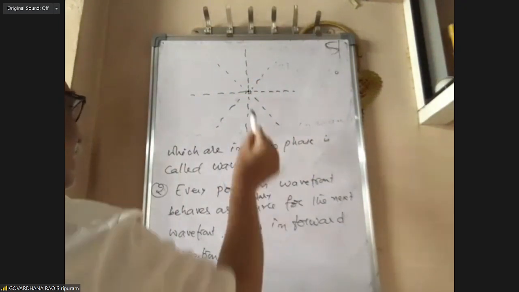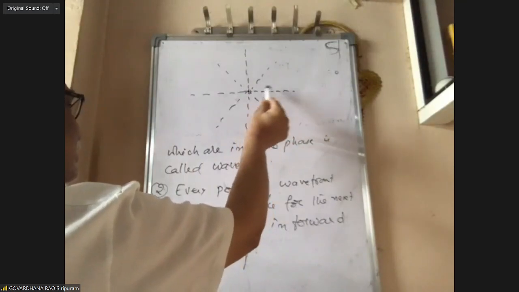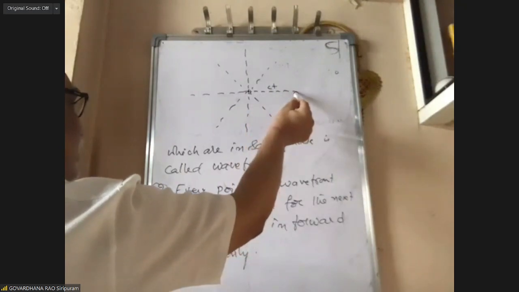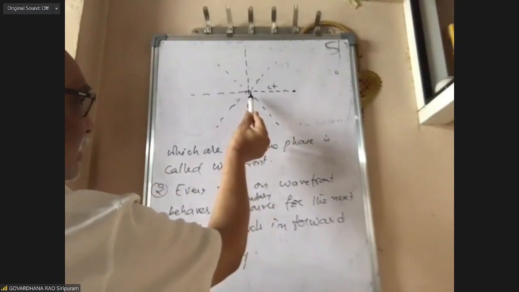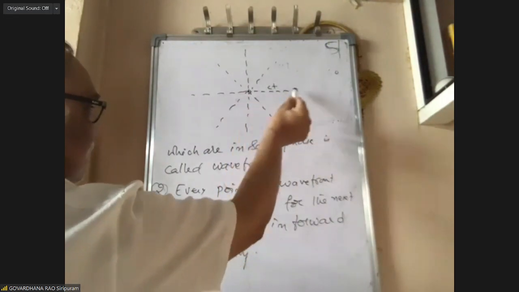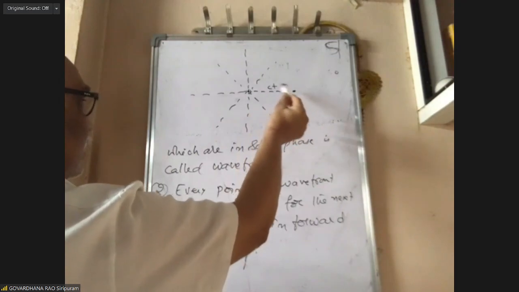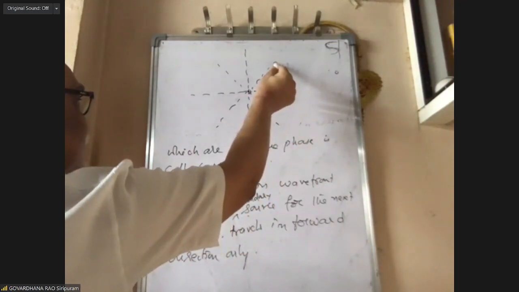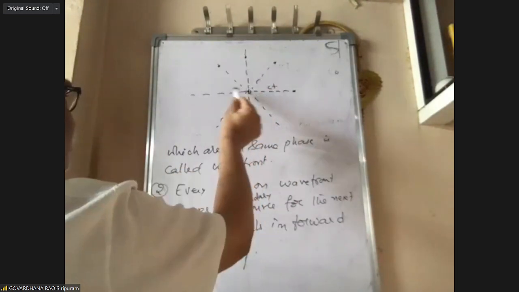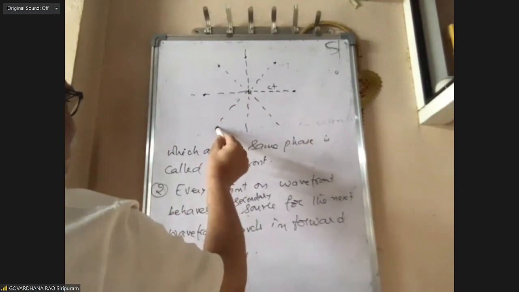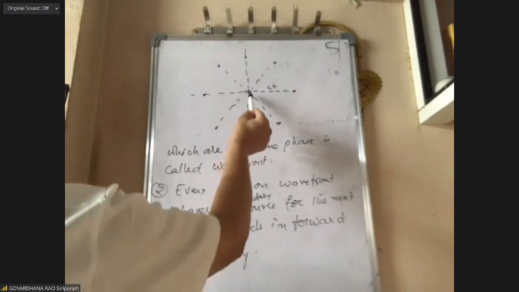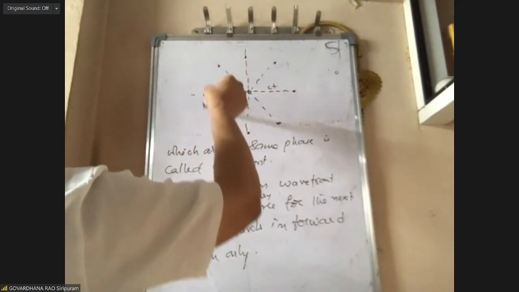After some time, the distance traveled by light is c into t. It travels with the velocity c. In a time t, what is the distance traveled by the light wave? ct. It will come from here to here, similarly here to here. So after t seconds, it will reach the same points like this.